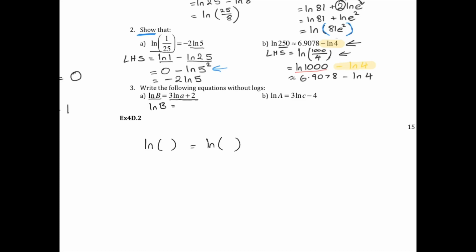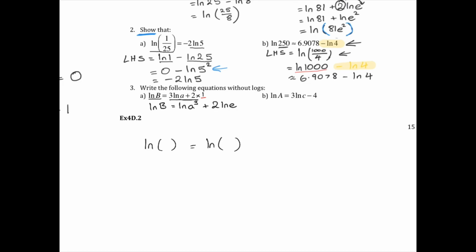Just like in last lesson, you can transform the 3 ln a to ln of a cubed plus 2 times, remember that's 2 times 1, so it's 2 times ln of e. Have a think about that. I need to replace 1 with some kind of log, and it has to be base e, the ln type.